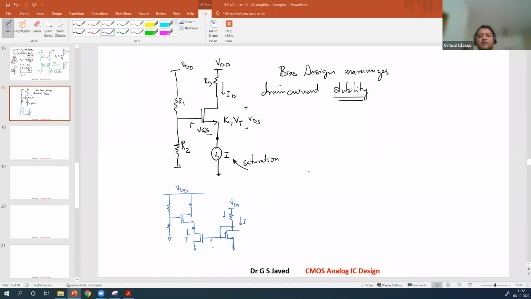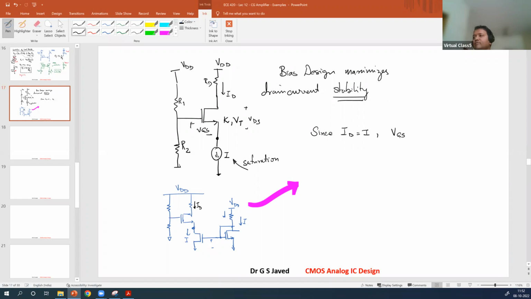Now in this case, let us find the math. Since this ID current is equal to I, then the VGSs have to be equal.